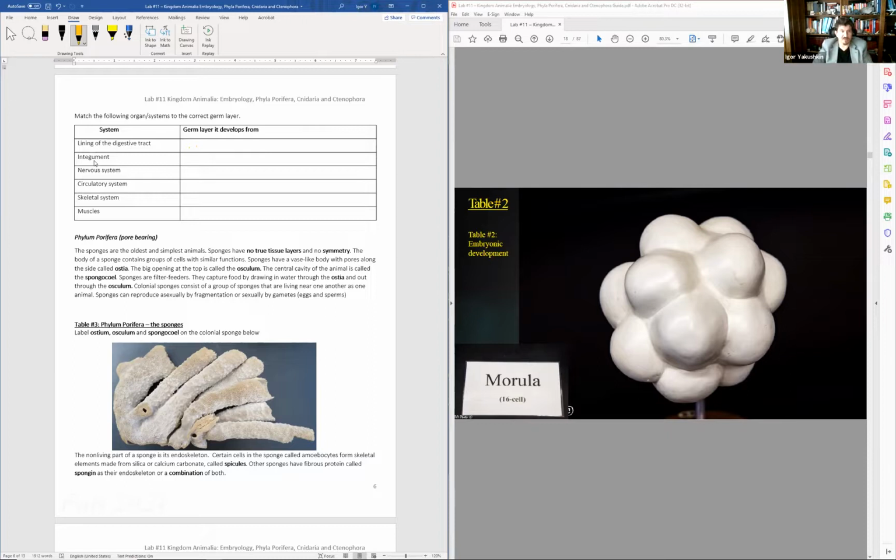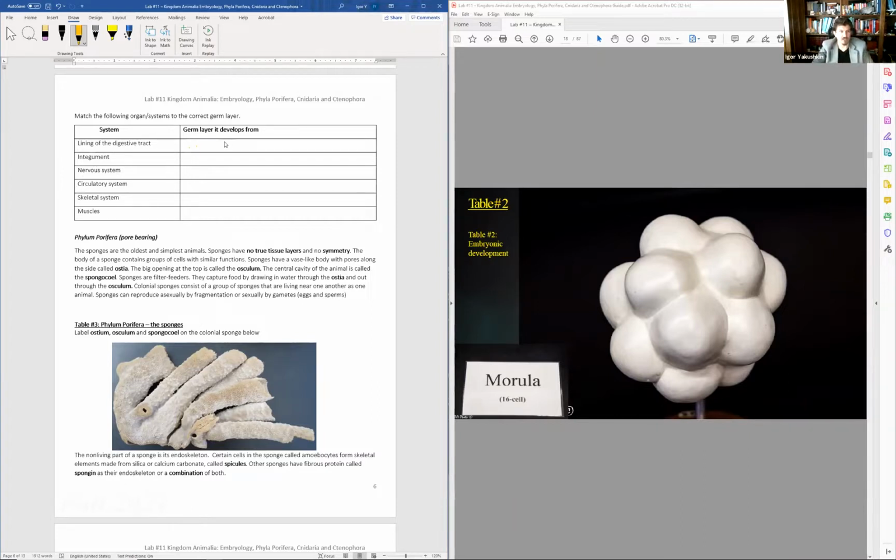Nervous system, ectoderm. So we have the digestive tract and ectoderm outside, right? Circulatory, skeletal system, and muscle predominantly will be between the endoderm as the digestive tube, and the ectoderm as the skin. So if it's in between, it would be mesoderm.